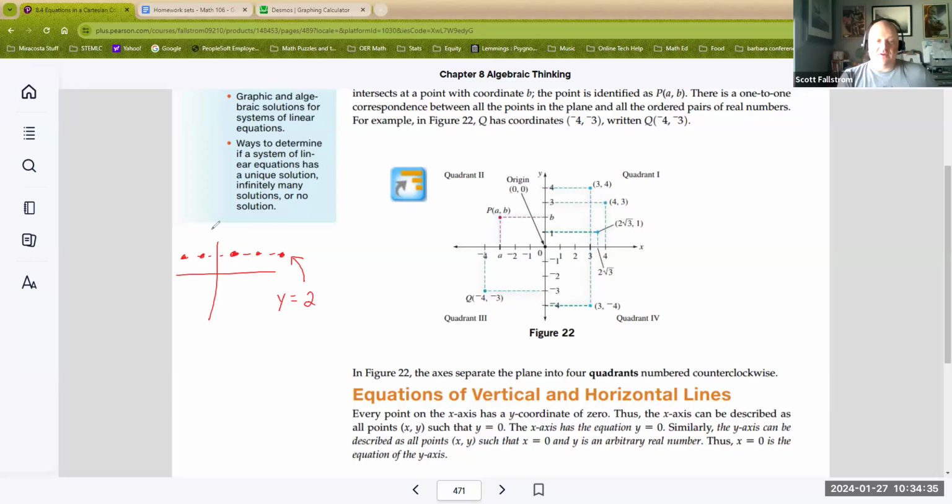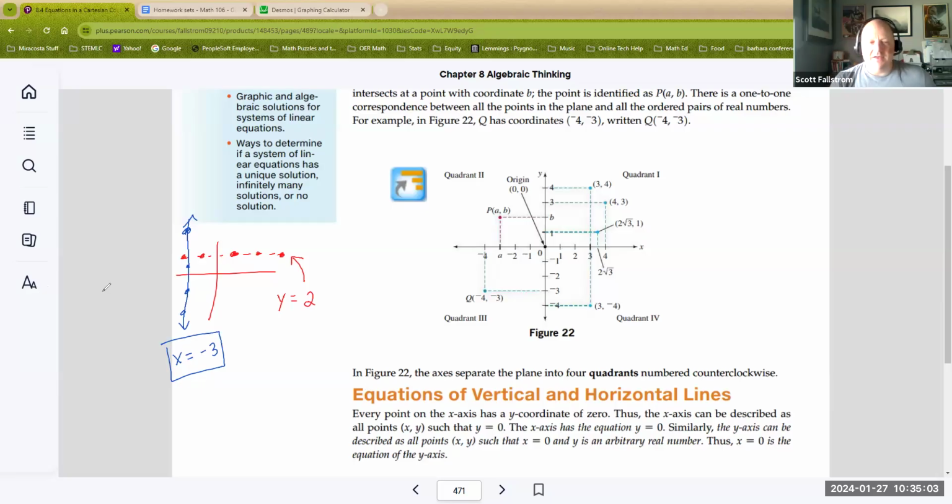Okay, and you could picture that then, of course, a vertical line. I'll change the color here. So if we had a vertical line over here, guess what? Every x coordinate is exactly the same. So over here, we could say, okay, this is x equals -3 as an example, meaning every point that's on this line has to satisfy this equation, x equals -3.